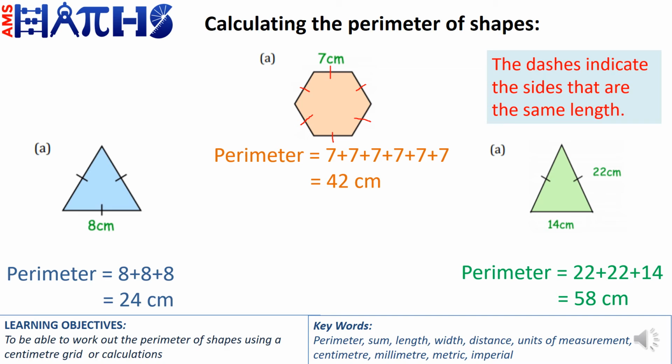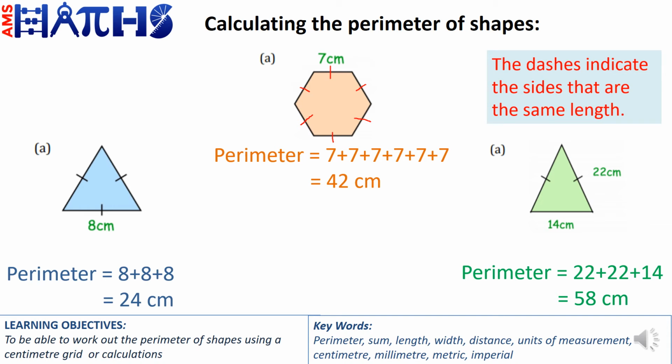Now here we have another triangle. It's not a regular shape. However, there are 2 dashes or 2 lines marked on 2 of the sides, which indicate to us that those 2 lengths are the same. And the third length is also given.